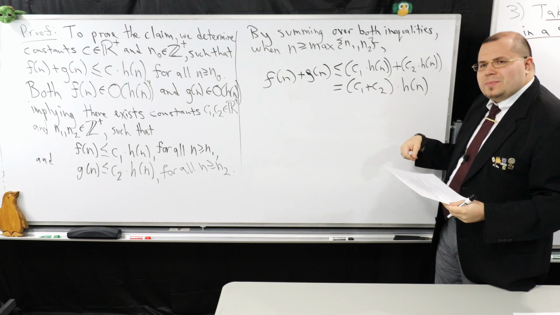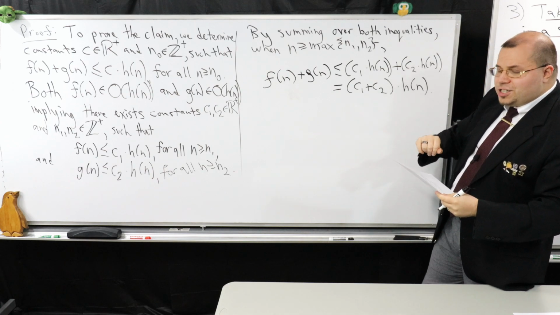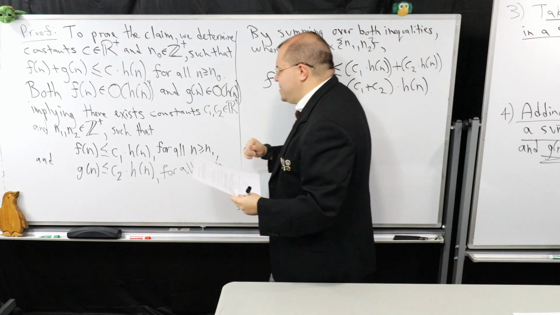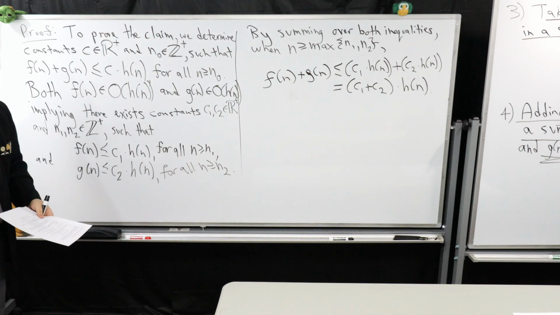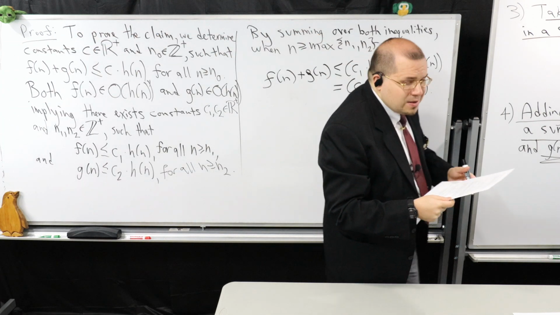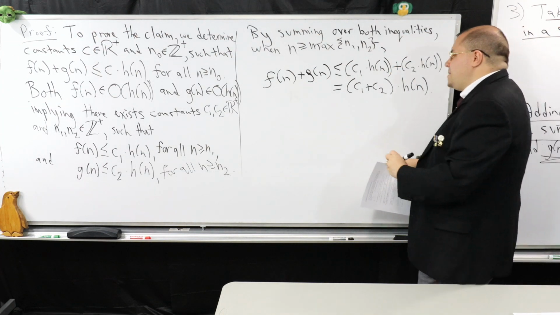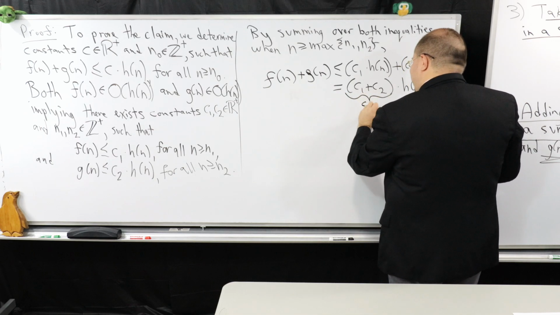Does everybody see that? So do you see right now what I should pick for c? Do you see what c might be? Hopefully the way I wrote it should make it very persuasive what c should be. I'll tell you, it's this one right here. So I'm going to pick c to be this.